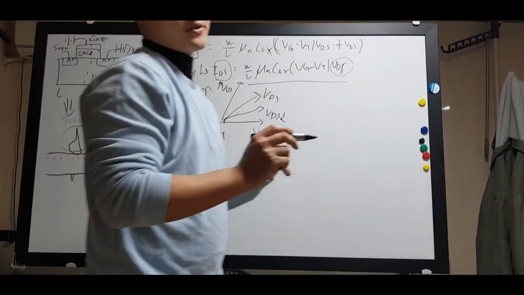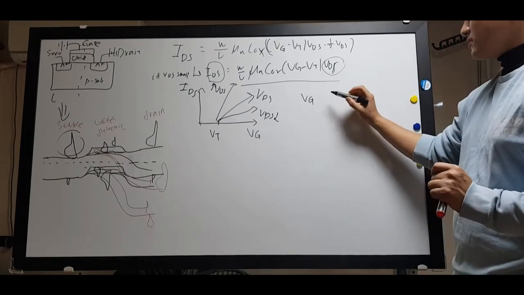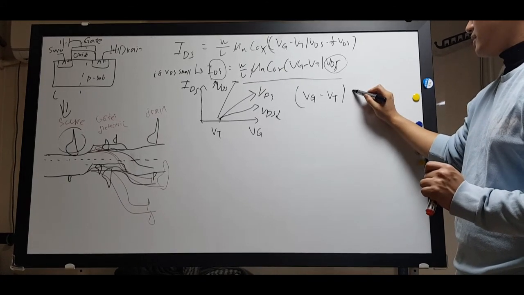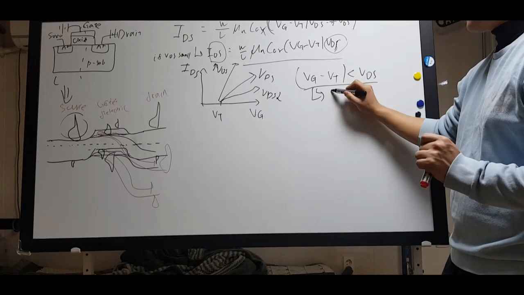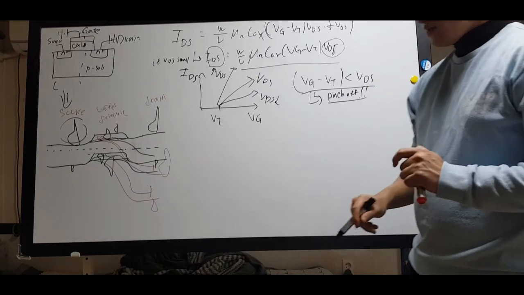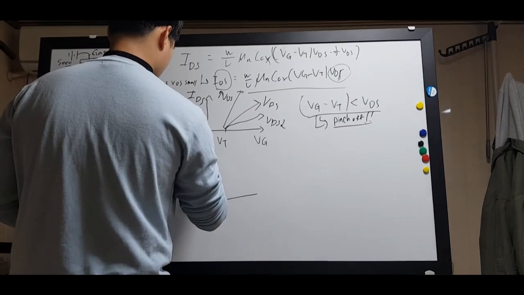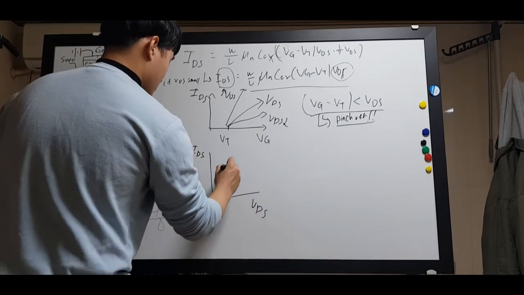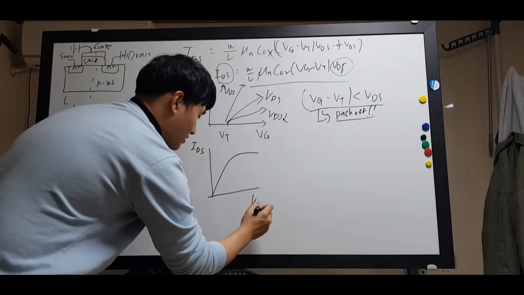So, one more point. We talked about how the gate voltage subtracted from the threshold voltage being smaller than the bias voltage at the drain-source will make the pinch-off situation. So, here is one more graph. Oh, sorry, not the voltage from drain to source, the gate.